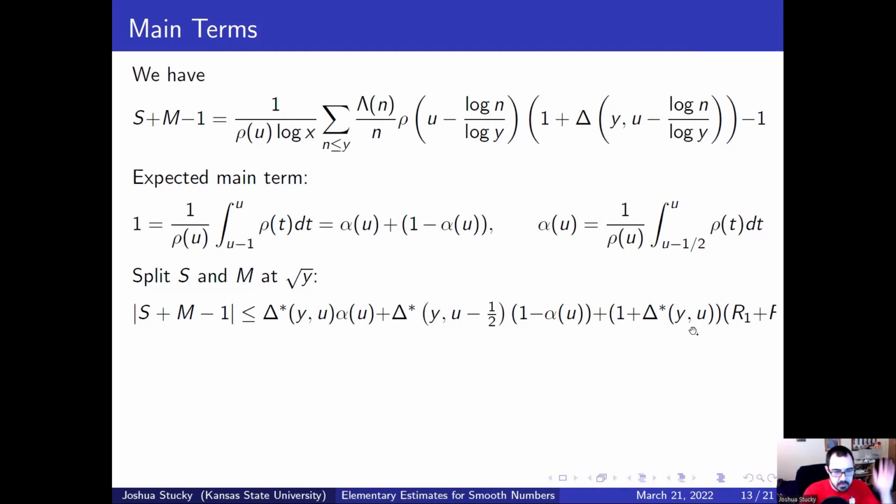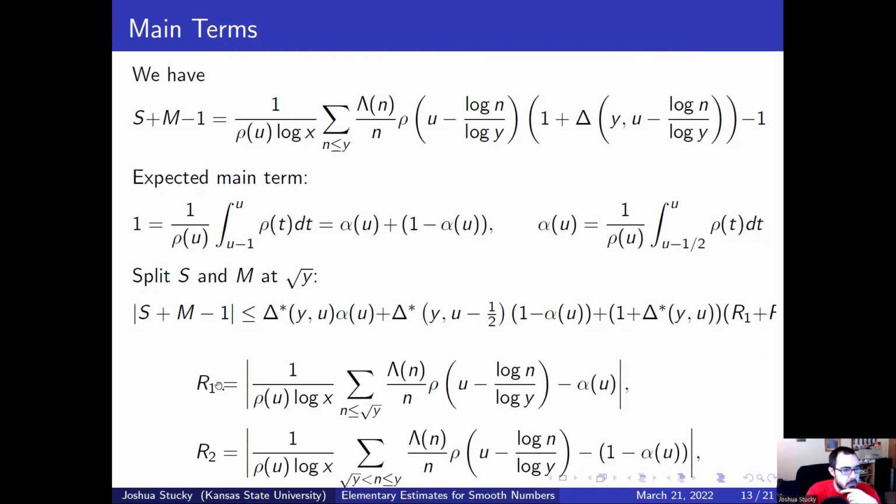And when you do that and then slap a triangle inequality on everything, you get that this thing you're expecting to be your biggest, or most difficult, error term to handle is bounded by this expression where you have a delta star with these alphas. And then you have a similar thing as before. We factored out a 1 plus delta star times two terms that are differences of main terms.